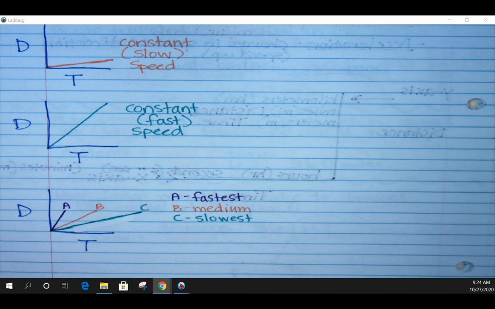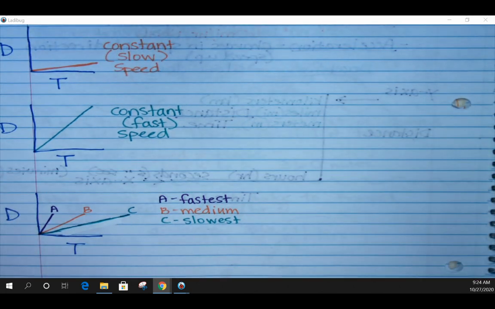Now I'm going to come about to the middle of my page here and I'm going to draw some more.